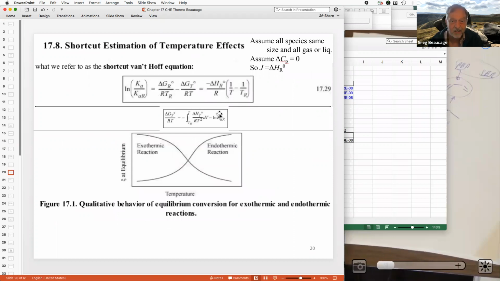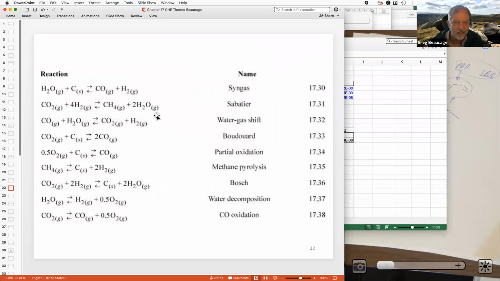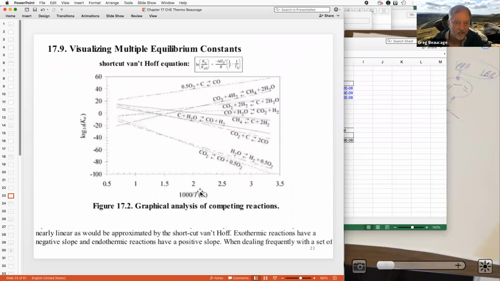That's assuming that the heat capacity doesn't change. You don't need the A, B, C, D. And then that will give a plot of log of Ka versus 1 over temperature, which is given somewhere in here, like here. That's basically the shortcut Van't Hoff equation.